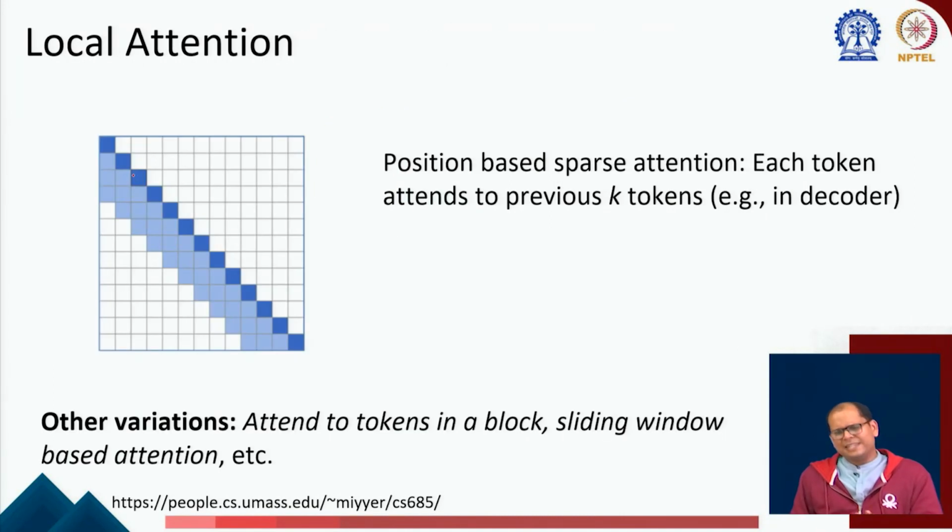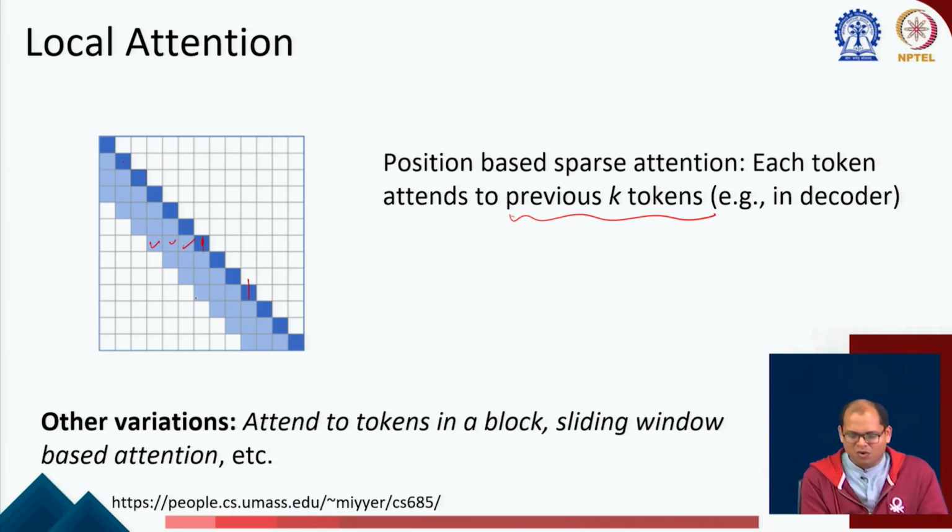So one of the very basic ideas: okay, so I have a global attention here, right. Even if I am doing decoder, I am attending to all the previous tokens that have been generated. So one way could be I can just do very sparse attention. Let's say at a particular token, wherever I am, I only attend to at most previous k tokens, right. So suppose I am here, I'll attend to previous 3 tokens.